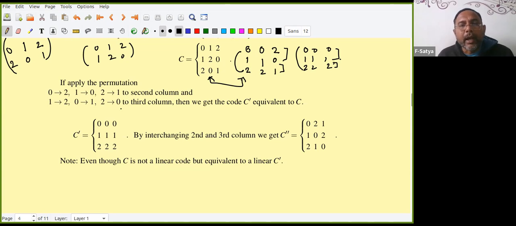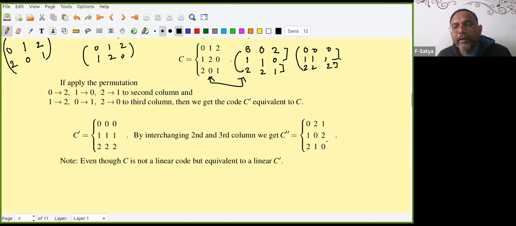Now I have not told you about the second operation here. If I interchange the second and third columns, it now becomes like this. If I interchange these two, it becomes 201 here, and still the distance is 3 only.